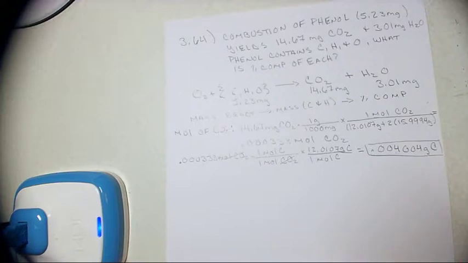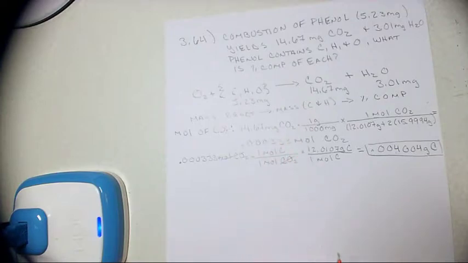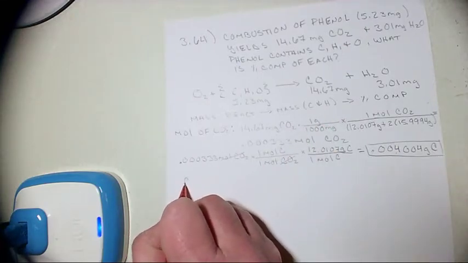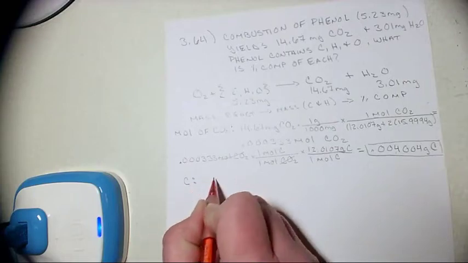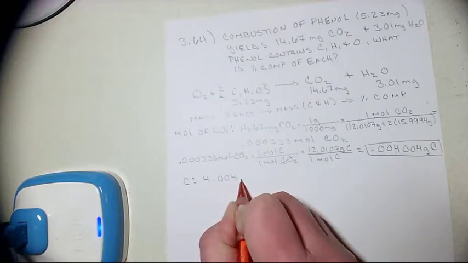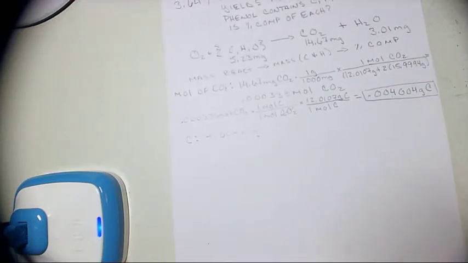Because your unit analysis won't work if you just simply go from milligrams to grams. So I know it's a shortcut and it saves you writing that and then doing this last little step of saying, so okay, so carbon is 4.004 milligrams.